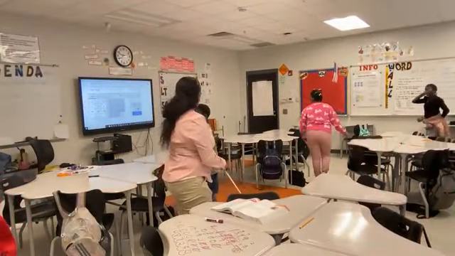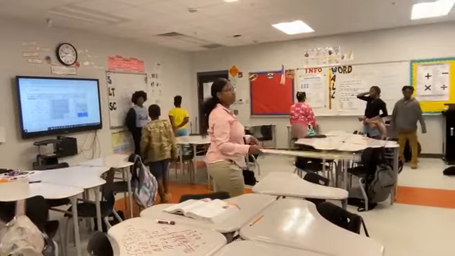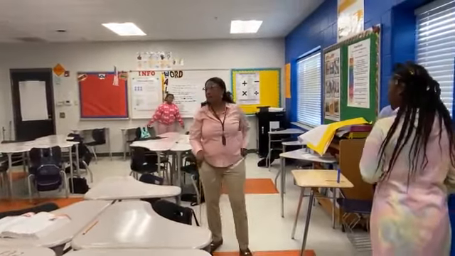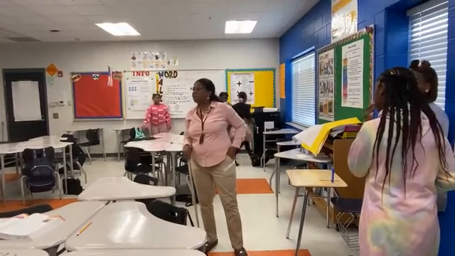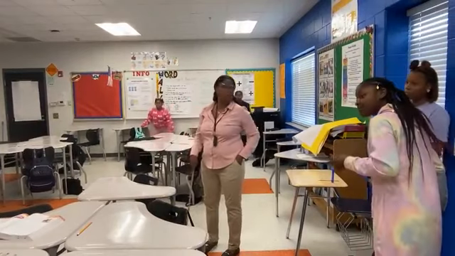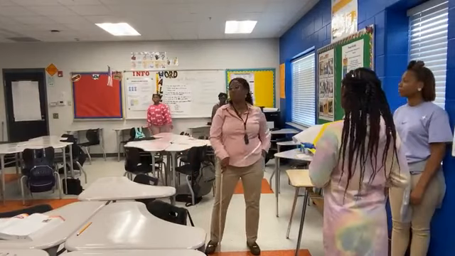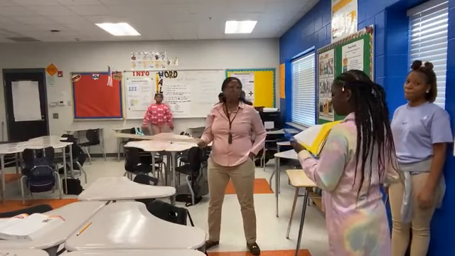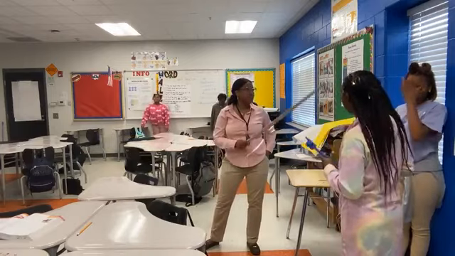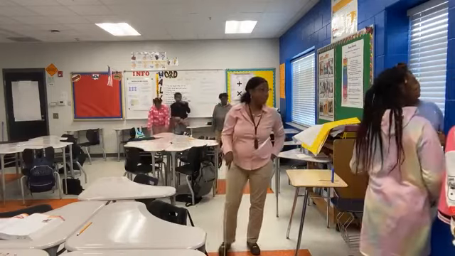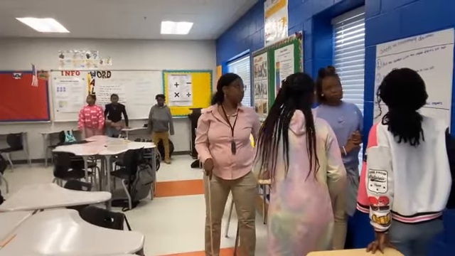Here we go. What you guys had, you had problem 3.5 times 1.7. We already know the steps to multiplying decimals. Okay, read your steps and give me your answer. Put the number with the most digits on top.